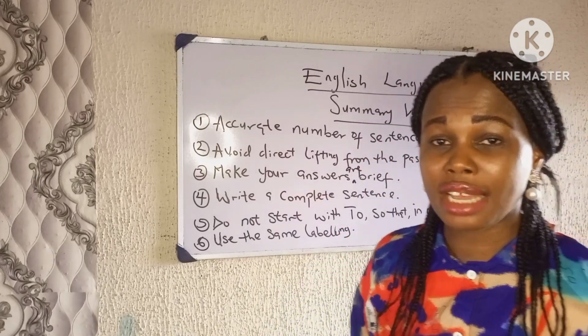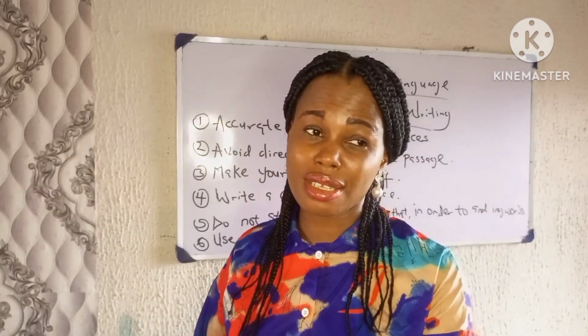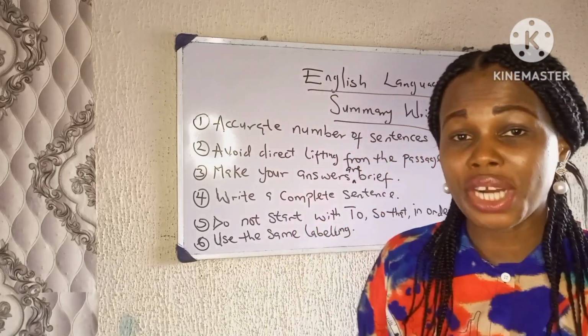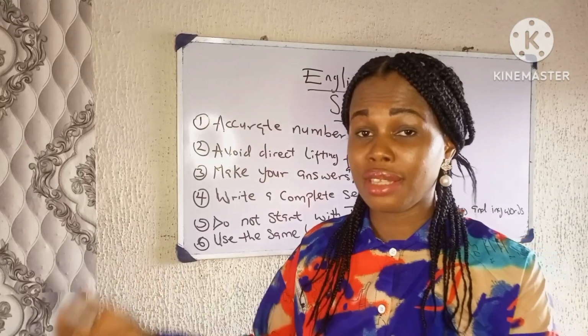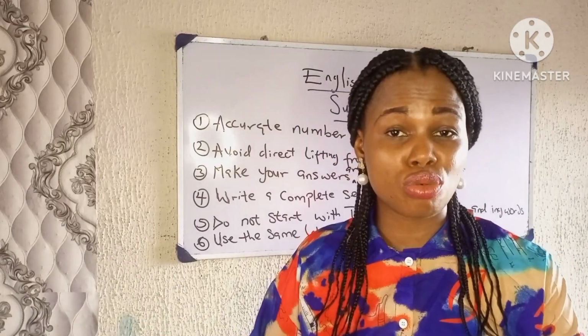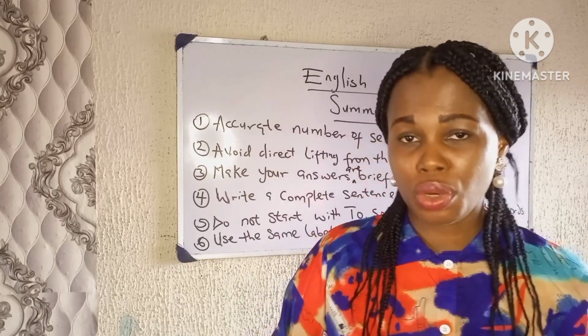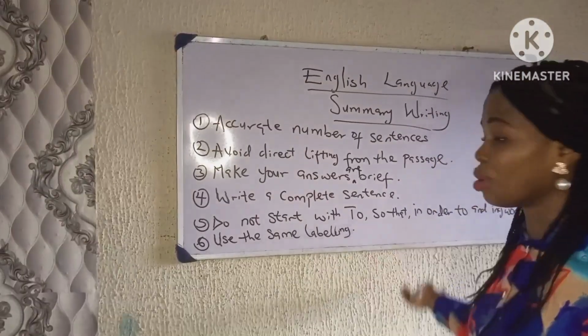It will be wrong for you to say "Owning a desktop telephone is cumbersome." You don't have to start your sentence with a word that ends with "-ing", and don't say "To own a desktop telephone you have to pass through many processes." Do not start with "to". Do not start your sentence with "in order to".